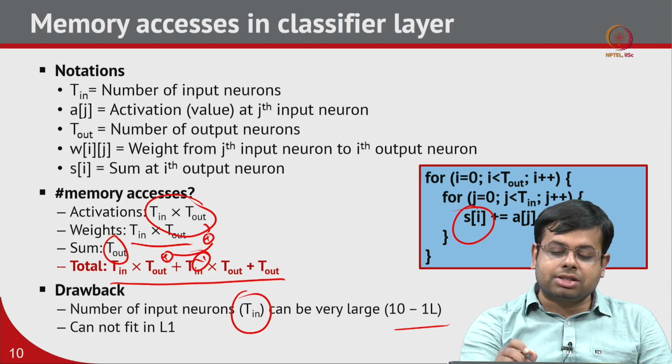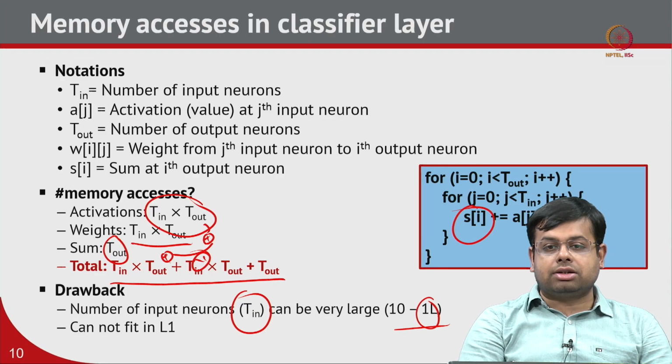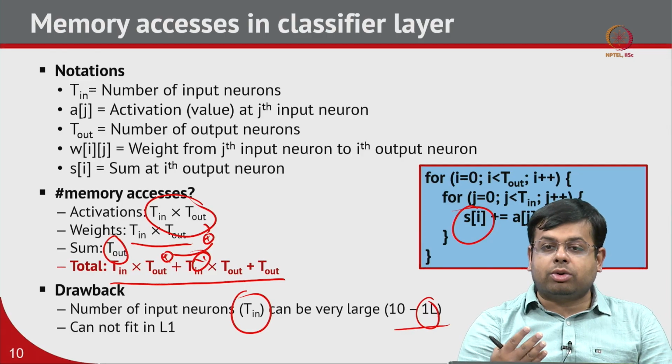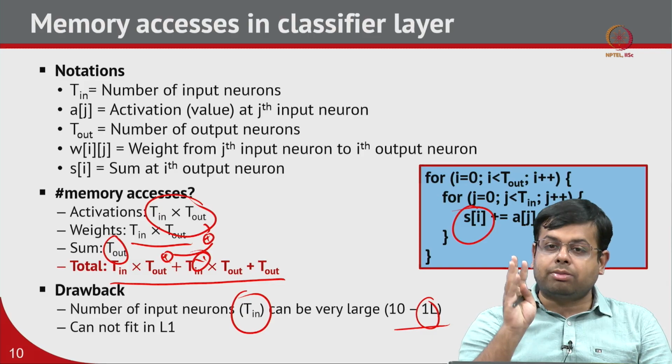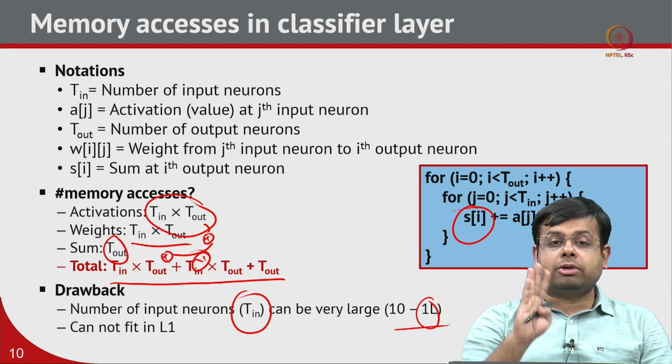Let us say we have 1 lakh, or 100,000, input neurons. Those are numbers, inputs, and they have to be stored somewhere.